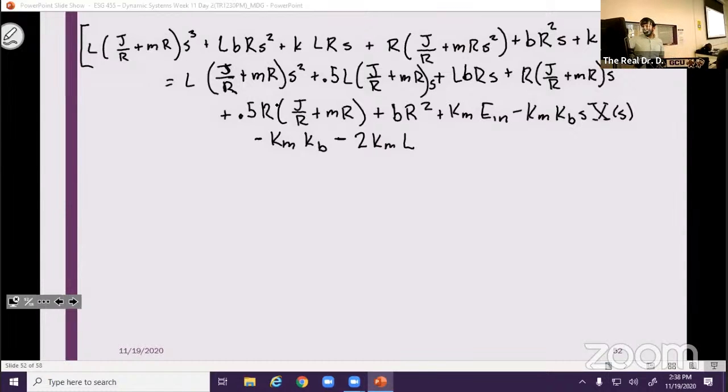Adding this back in just puts a Km times Kb times S in there.